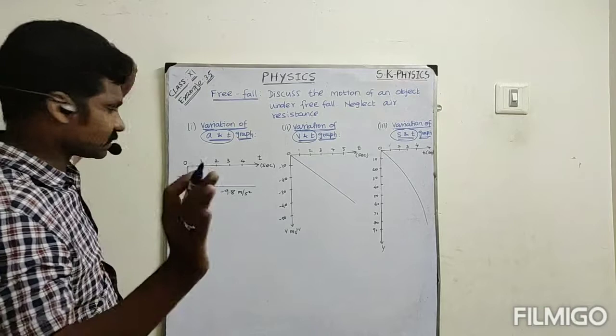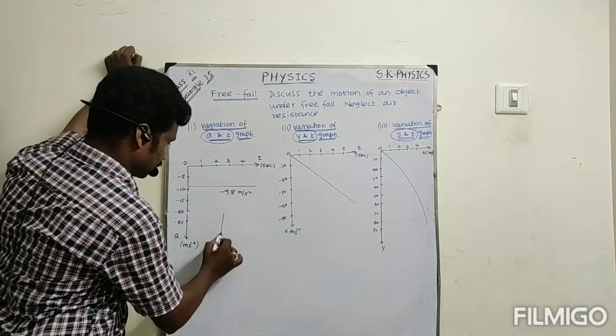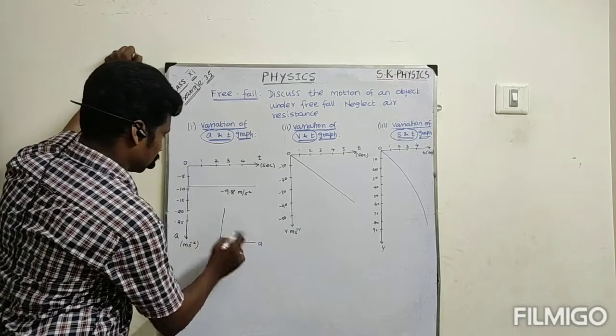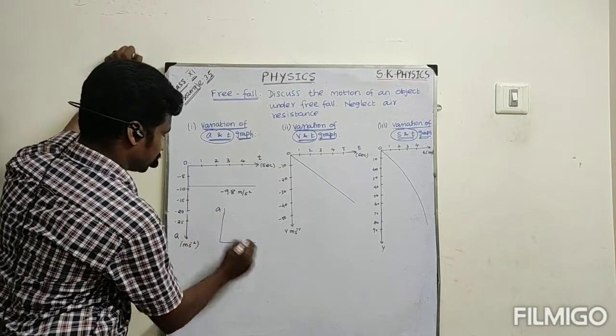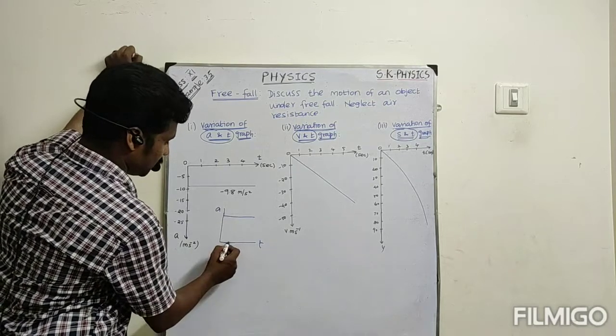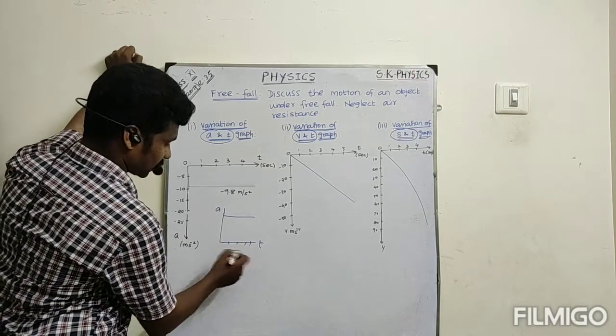For your understanding, I drew this graph initially. See that here it is the acceleration, here it is the time. The time value is increasing: 1 second, 2 second, 3 second, 4 second.